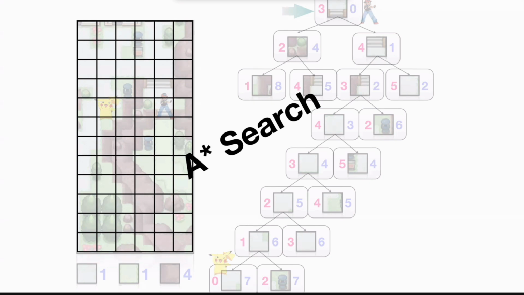But the key idea is that this is much better for finding the shortest path. It'll be much faster than breadth first search or depth first search. In fact, you couldn't really apply breadth first and depth first search now because we've got this cost, and now one action doesn't necessarily correspond to one unit of cost.